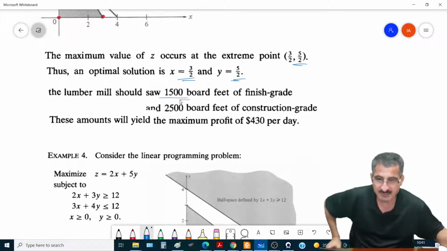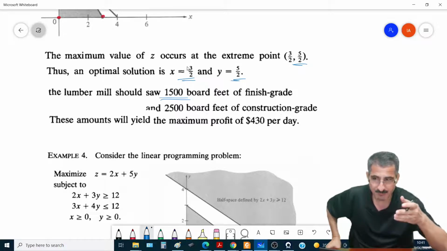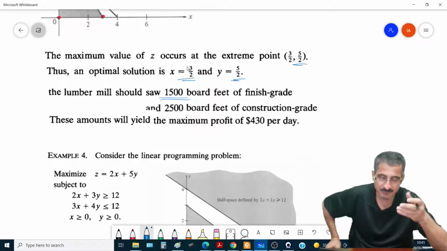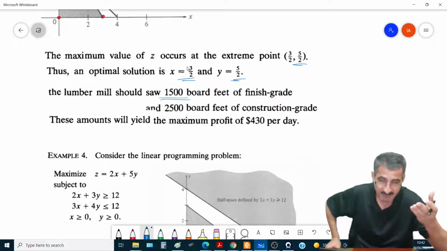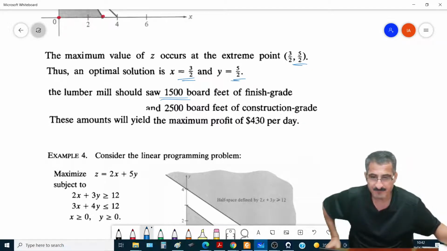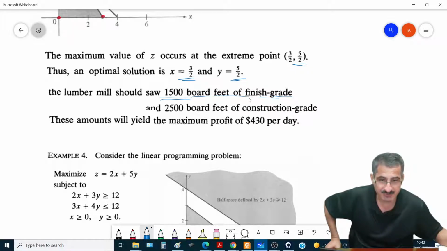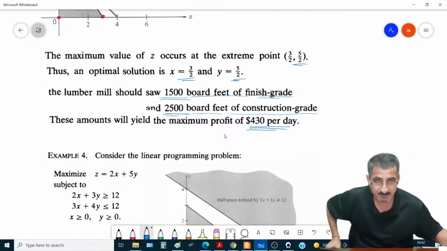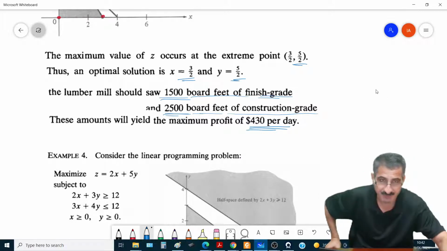So we will say 1.5, which means the units where the board used to be measured with 1,000 feet. So 1.5 means 1,500 board feet of finished grade, and 5/2 means 5/2 times 1,000, 2,500 feet of construction grade, and the maximum profit will be $430 per day.